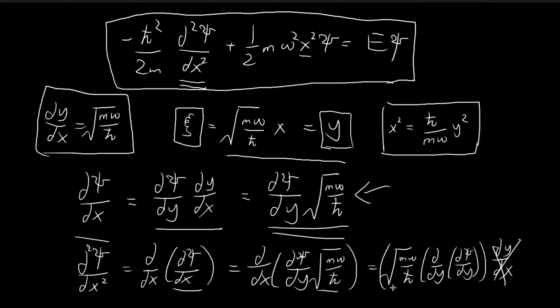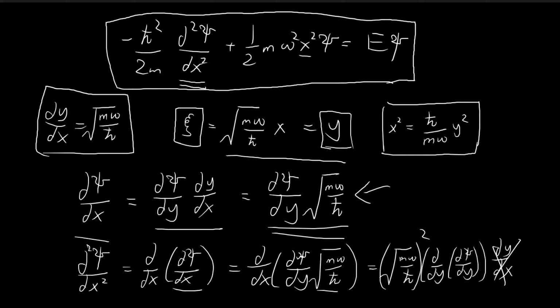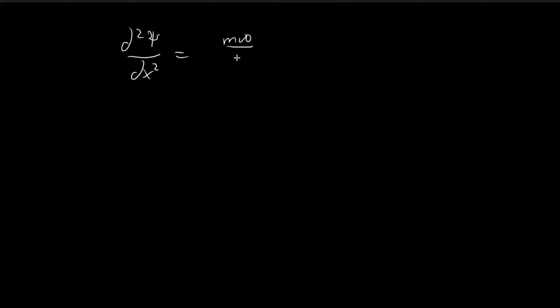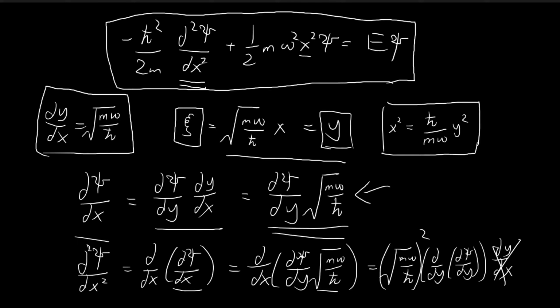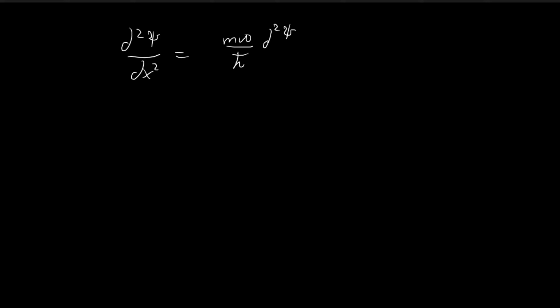So we have two of these square root terms, and I could just square this. In the end, we know that d squared xi dx squared is actually equal to m omega divided by h bar times d squared xi dy squared.